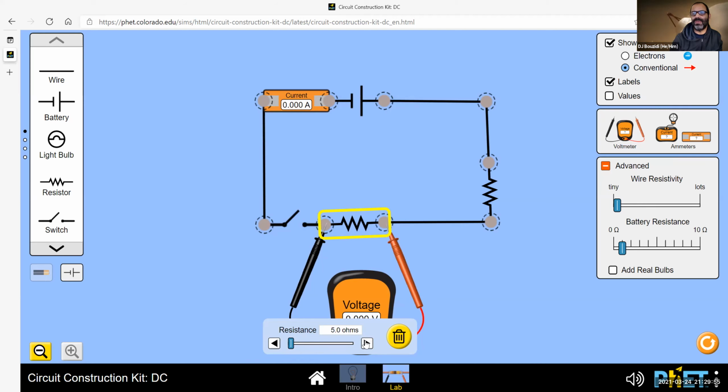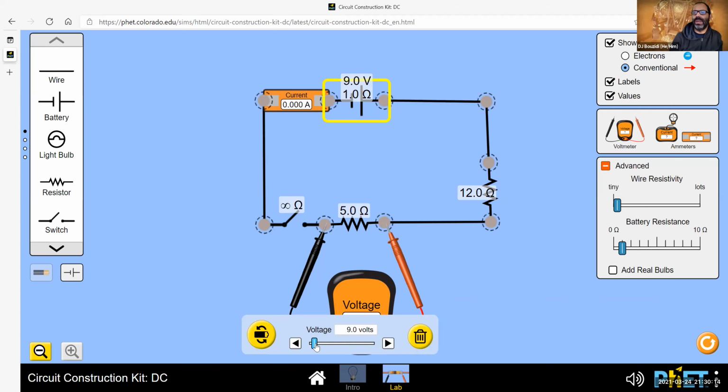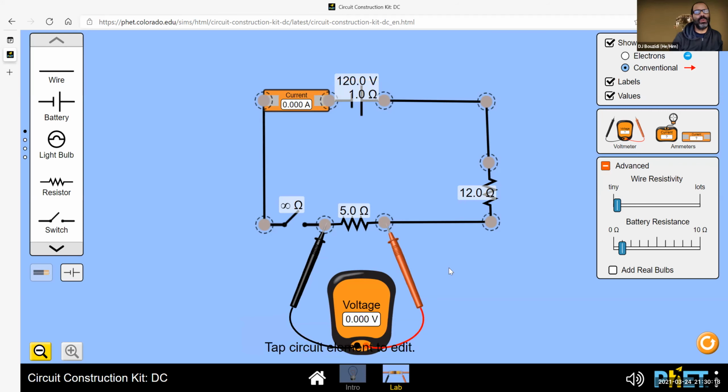I can't. So I have to put it at 5 ohms exactly, okay? Now this resistor, we're going to put it somewhere in here, okay? Not too big. I think we had a 12.5, okay? So this is 12, that's good enough, okay? So now, where does it show the values? I need the values, okay? This voltage now needs to be 120, which is the maximum in here. Okay, so at this point we're ready.